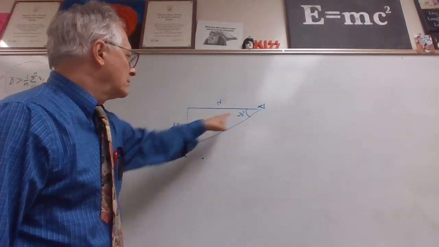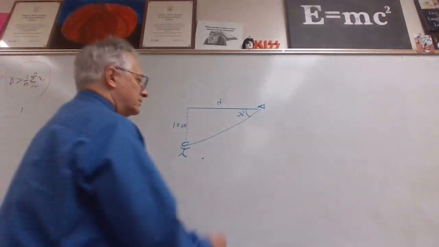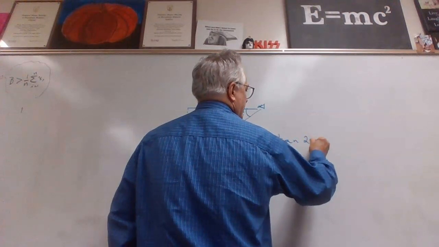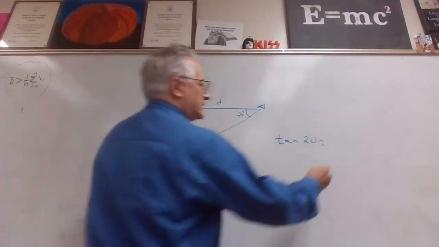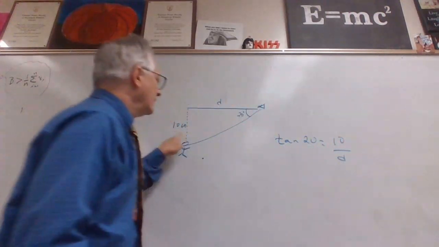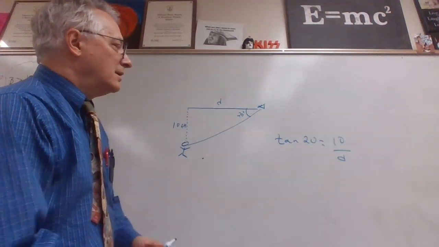We know opposite over adjacent, that's the tangent. So the tangent of 20 is going to equal the opposite, 10 over d. And then we can also figure out this length as well, which we'll go ahead and do that.